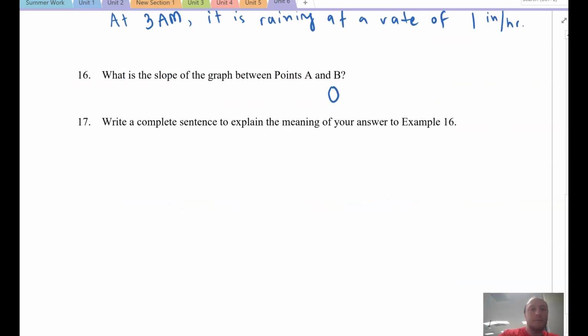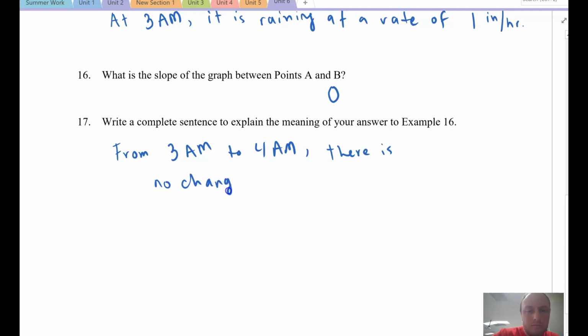Okay, so I can say from 3 a.m. to 4 a.m. there is no change in rainfall.